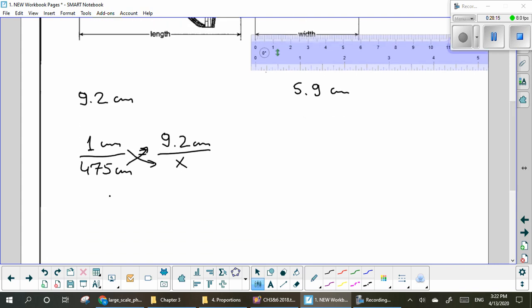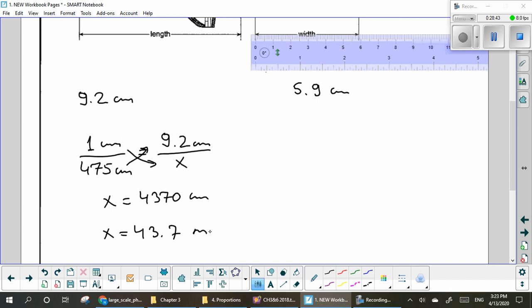So x times 1 is just x, and 475 times 9.2 is 4,370 centimeters. If I divide this by 100, to get a more realistic image, it's 43.7 meters. That's pretty large.